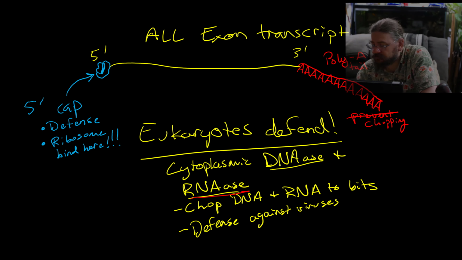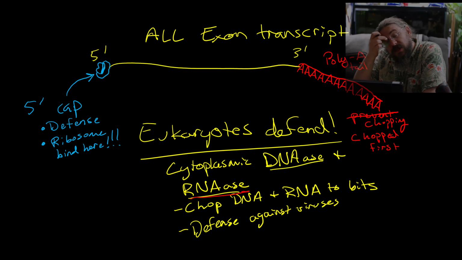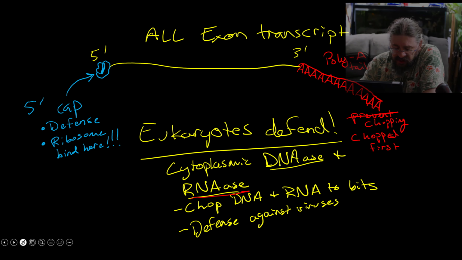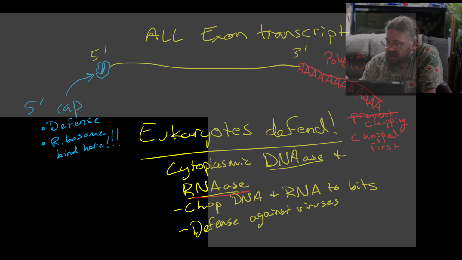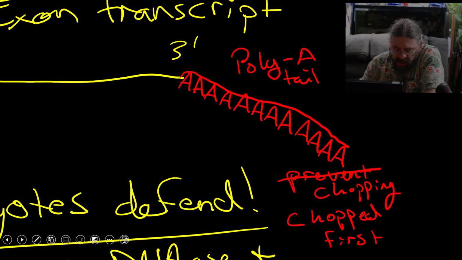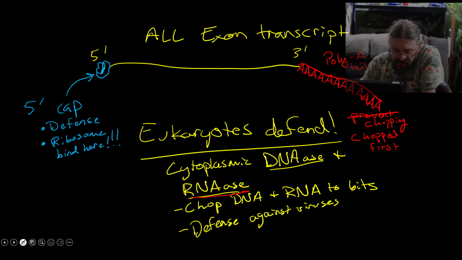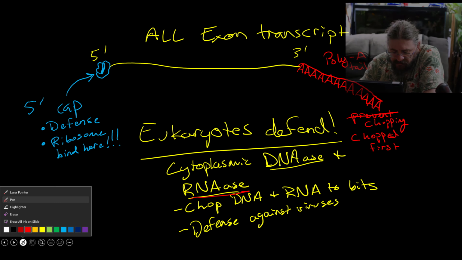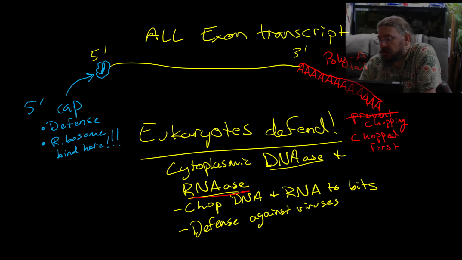Instead, it's chopped first. So while this transcript is running through the ribosomes, over here we've got the tail getting chopped to bits. This actually is pretty cool because it provides us with a fun little bonus ability, and that is a small amount of homeostasis on how many times this transcript will get used, right?